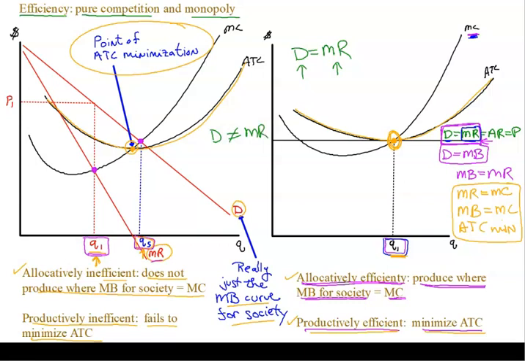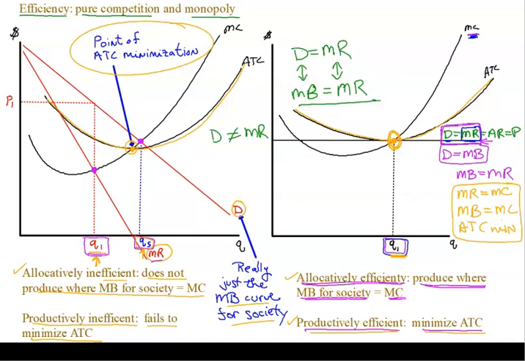Demand is the marginal benefits. That's what society wants. And that is exactly equal to the marginal revenue, which is what the firm wants.